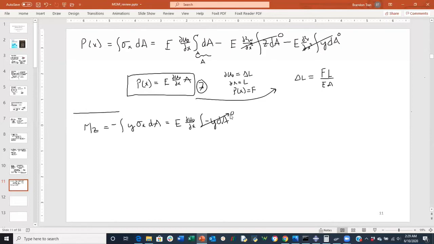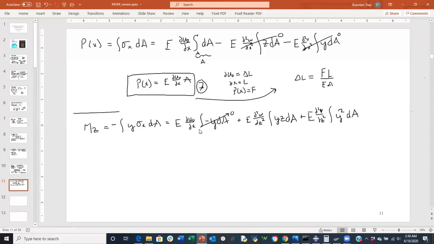This, if you do the derivation, goes to 0, plus E d squared w dz squared, y z dA, plus E d squared v dz squared, y squared dA.